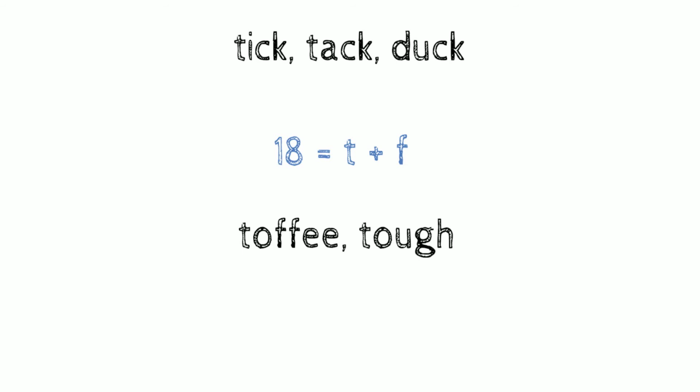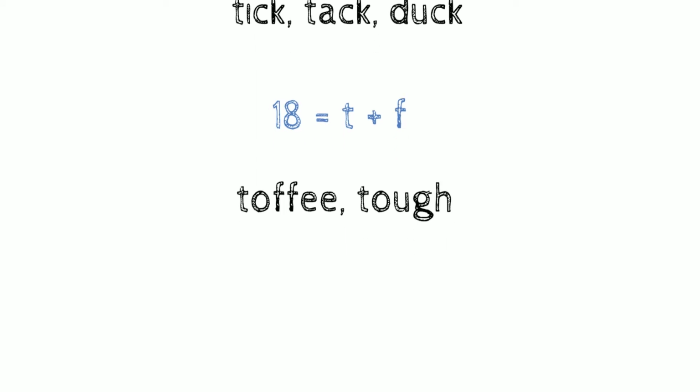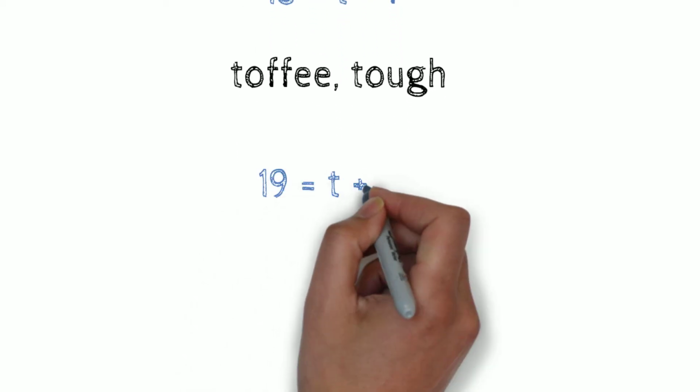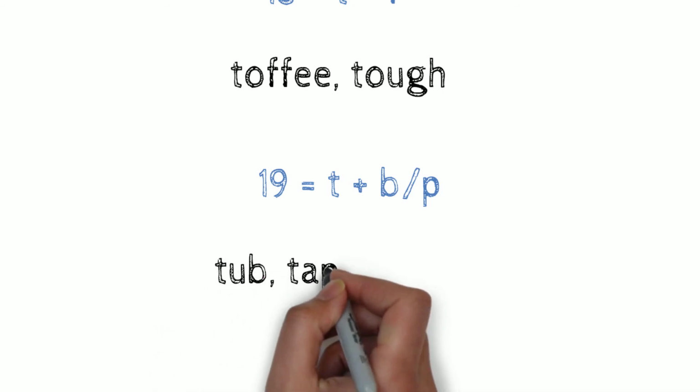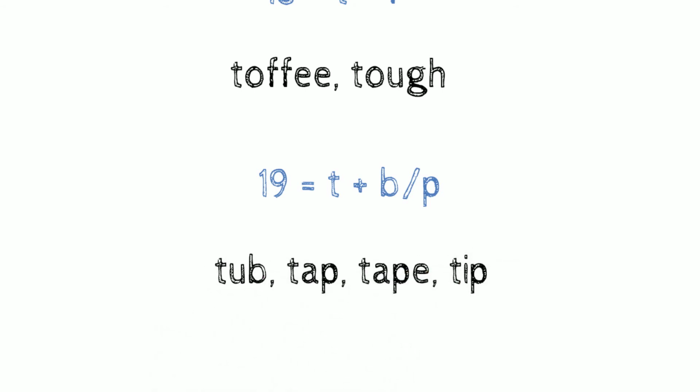Notice the f sound with the consonants G and H. When sounded together, they produce the f sound, like tough. And finally, for number 19, we have a mix of consonants T for number 1 and P or B for 9. You can use words like tab, tap, tape, or tip.